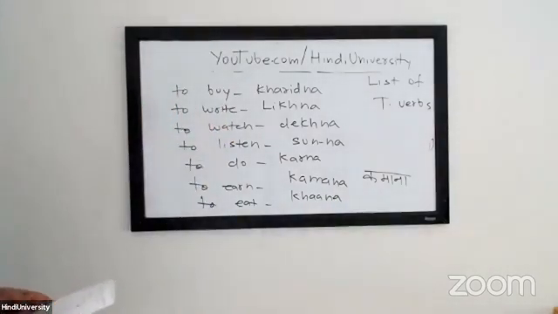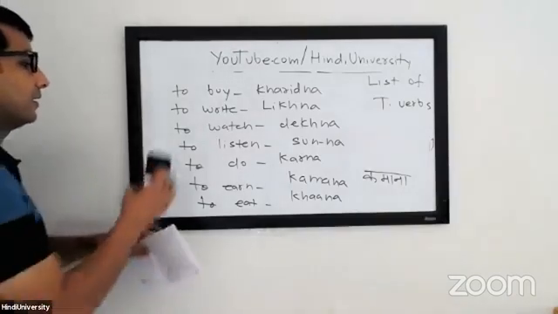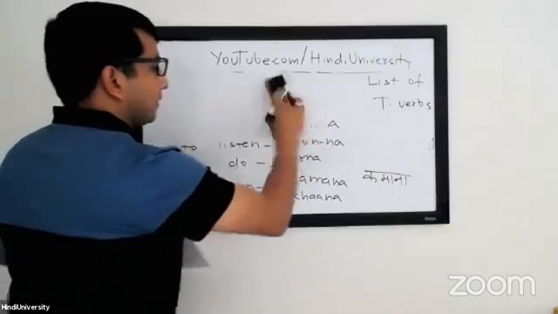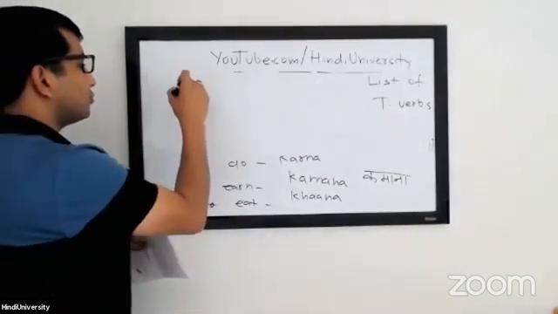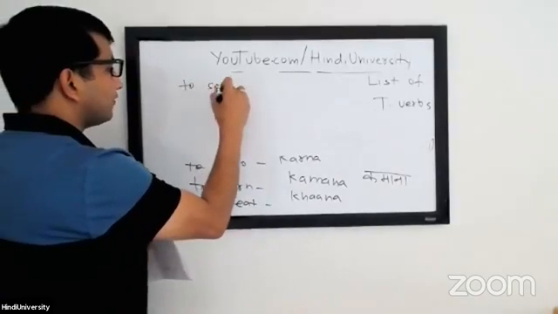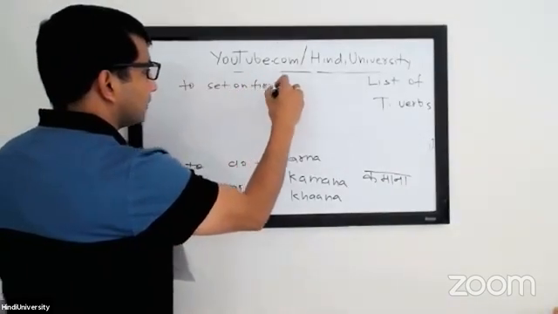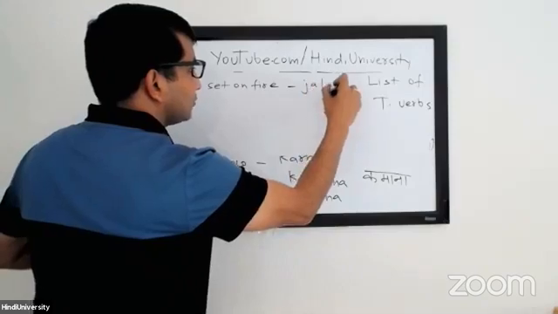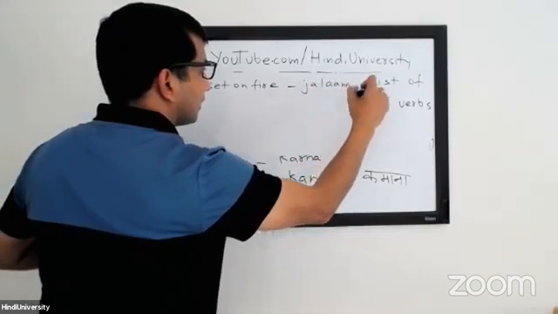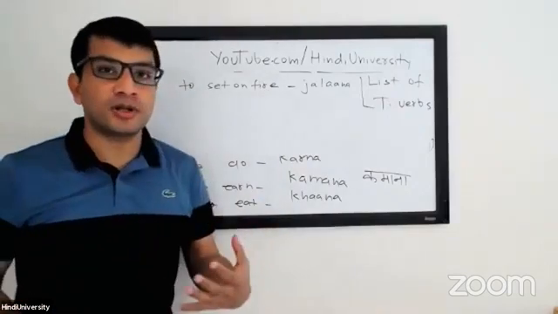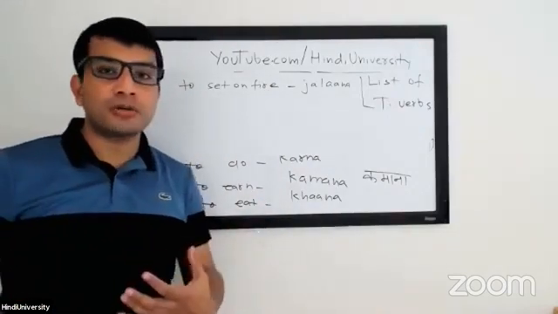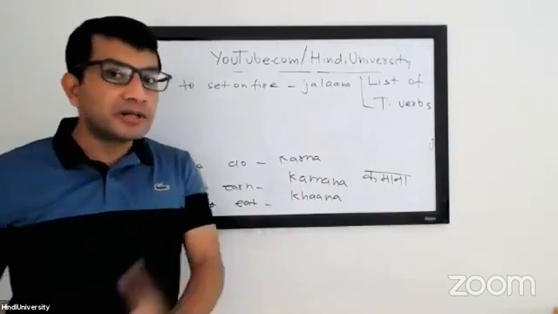And then you have jalana. Jalana is to set on fire. Like, let's say you're a news reporter and you want to write a story about some people burning something down, right?